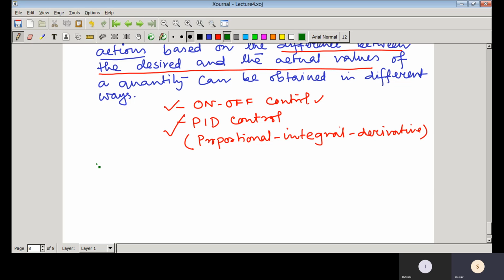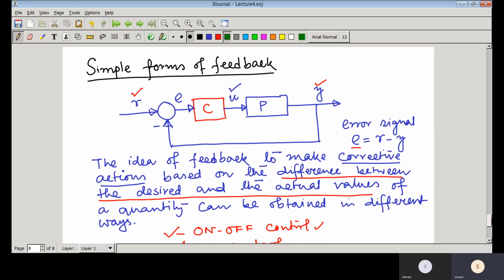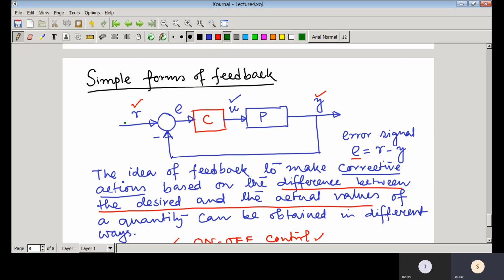So let us start with the on-off control strategy. Here you can see that we have given a reference command, and we want the controlled output to track that reference command.